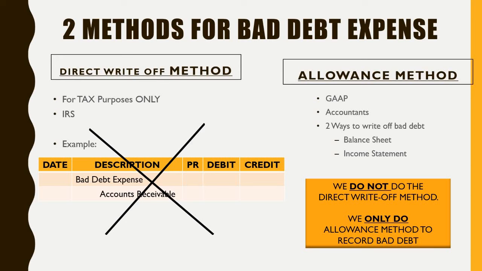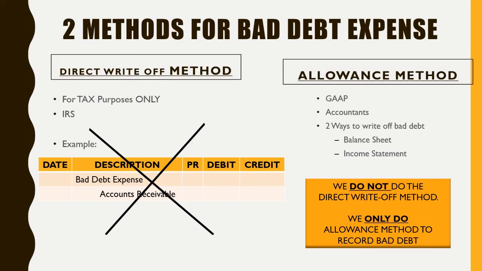What you are actually going to learn is the allowance method. The allowance method is governed by GAAP, and it's for regular accountants, general accountants, even day-to-day accountants. If they're responsible for accounts receivable, this is for them.